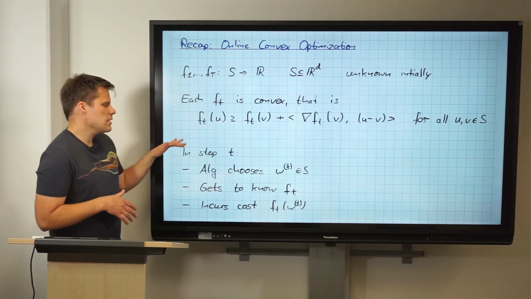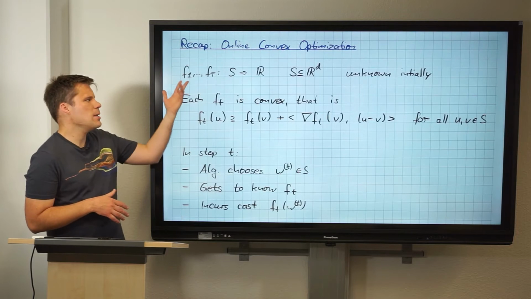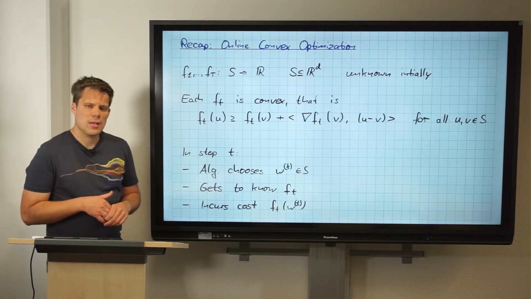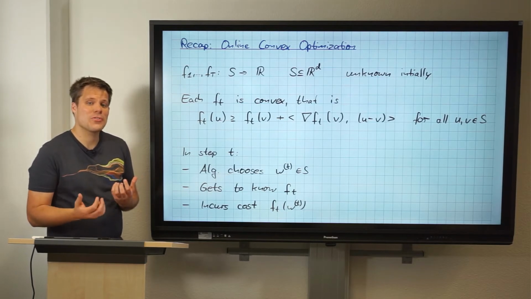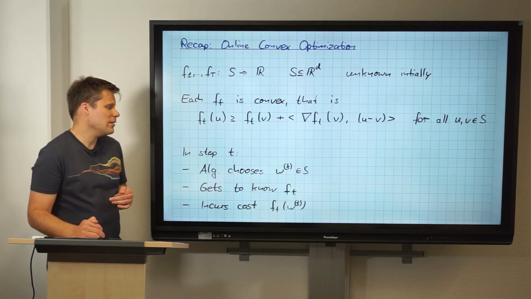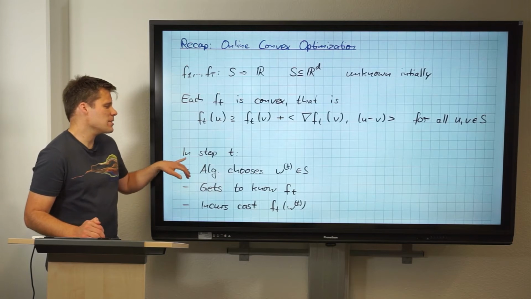Now, what was the question? We have to minimize these functions. But of course, there's the uncertainty, namely we do not know which functions these are. These are unknown initially, and what now happens is the following.